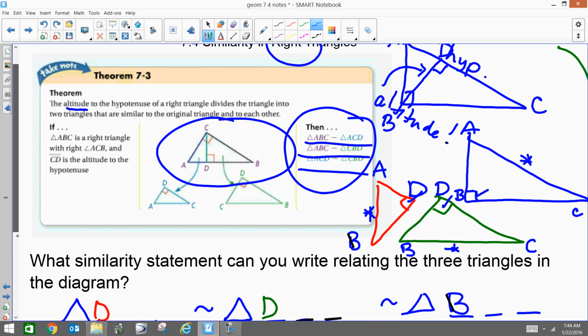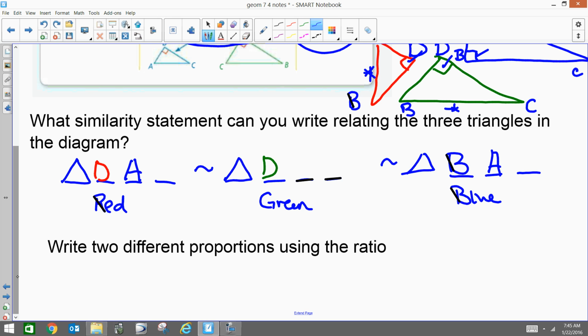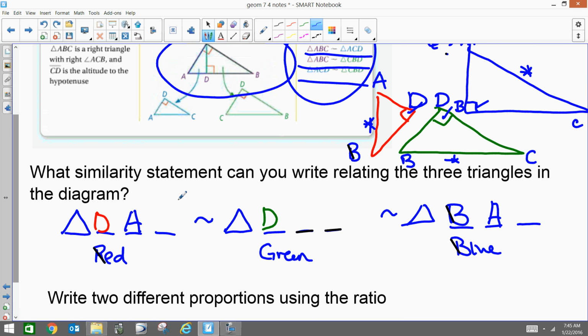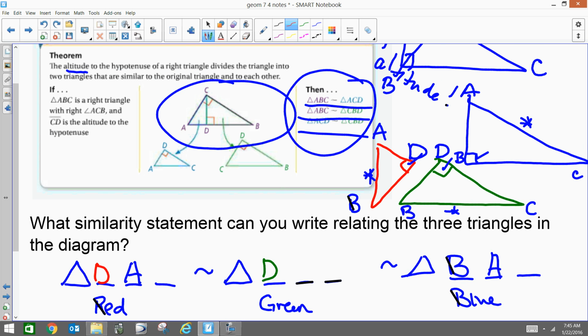So on the blue and the red, blue A, red A. Okay, so we get two matched up. We know which one's the third. All right, let's look. So this has to be red, D, A, B. Okay, and this has to be B, A, C. So we got that matched up.